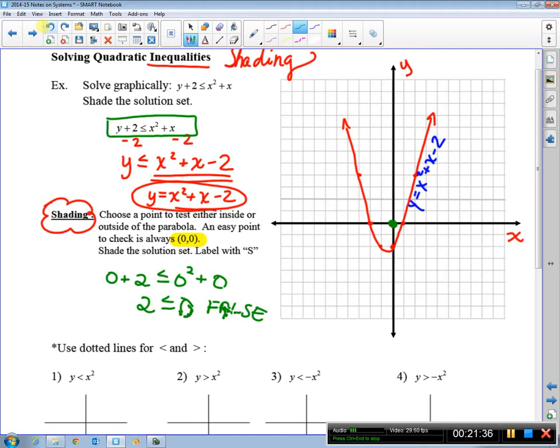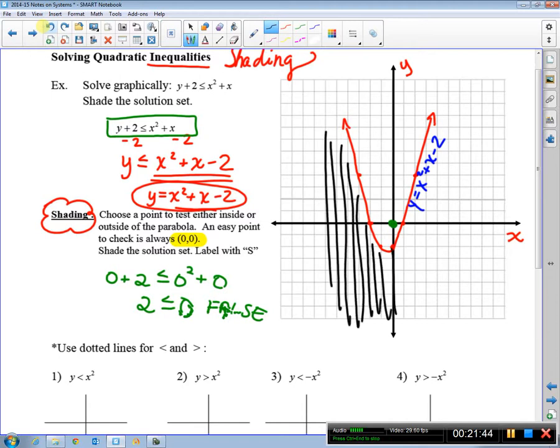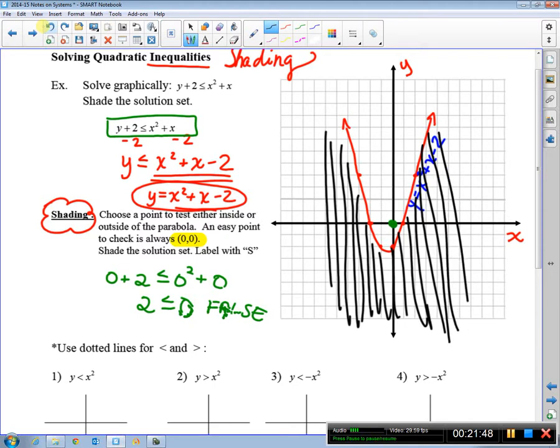Shading then is below the parabola. Below the parabola. Try and be a little neater than I was. You don't want to hit it, you want to be below it. Okay?